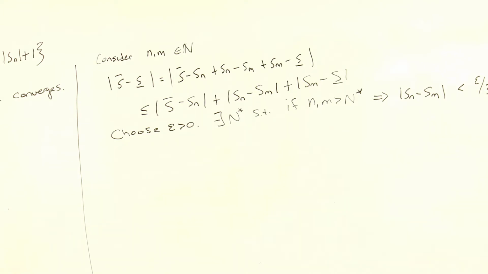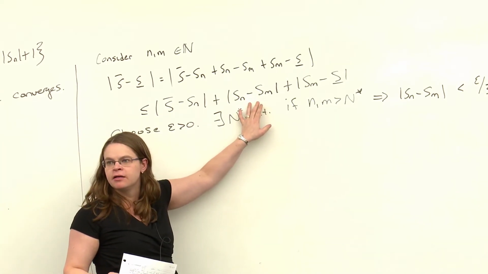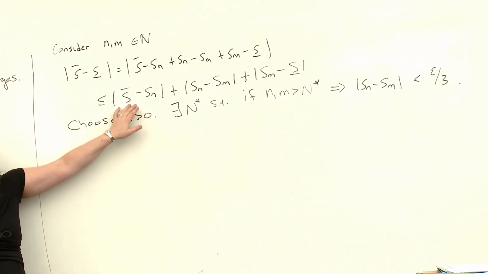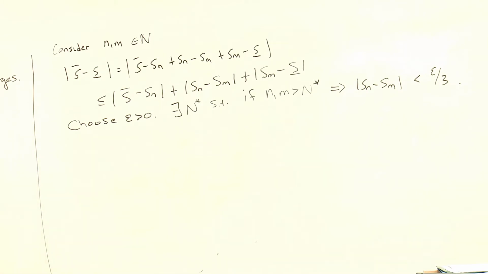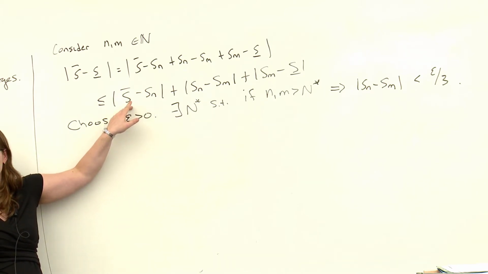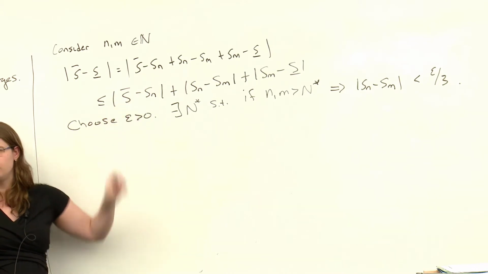So I know if n and m are big, I can make this term as small as I like. Can I make this term small? So the answer is going to be yes, but be careful. We don't know anything about the sequence converging to S bar, so it doesn't mean that any big value of n will make this converge to S bar.